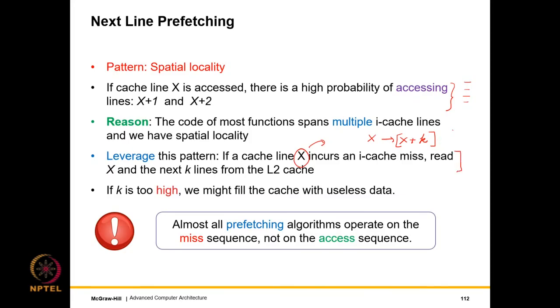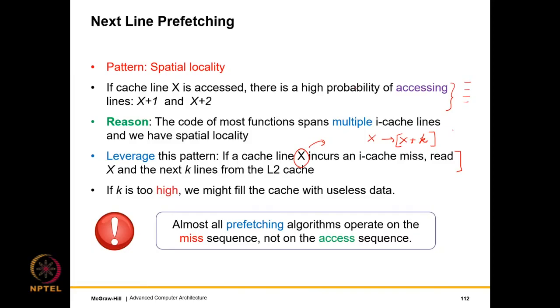There are numerous variations of this idea, and it needs to be found out from simulation studies which one is actually the best, because in every pattern we are trying to use spatial locality, but the spatial locality across programs may differ, and we need to find the best possible way of doing it.